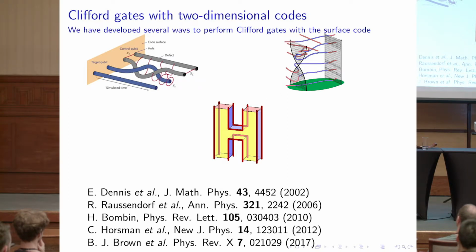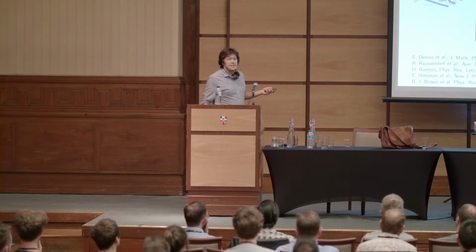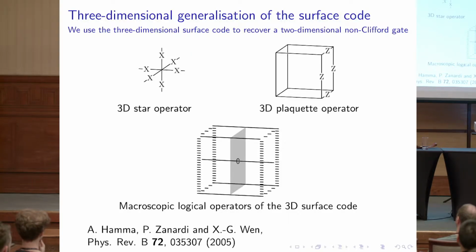And if I get to the end of my talk, I'll say a little bit about magic state distillation. But yeah, we need a non-Clifford gate as well. So I'm going to propose a way of doing that. Now, I said it's a 2-dimensional result, and it is a 2-dimensional result, but to understand how this gate works, you have to think in 3 dimensions quite a lot.